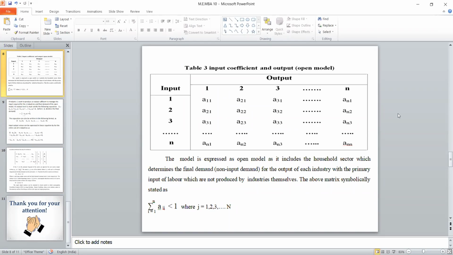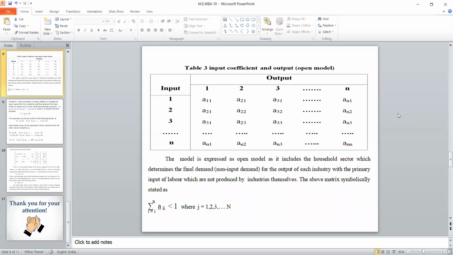For example, a11 means the first input to the first output. a21 is the first industry's output for the second industry. Likewise, an1. If you see the principal diagonal a11, a22, a33, a44, up to ann, this principal diagonal is nothing but their own output. They are using their input.